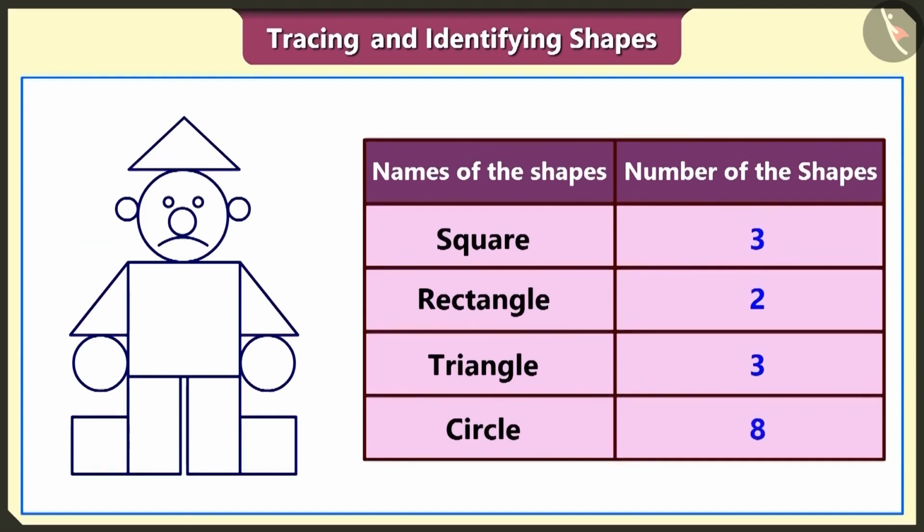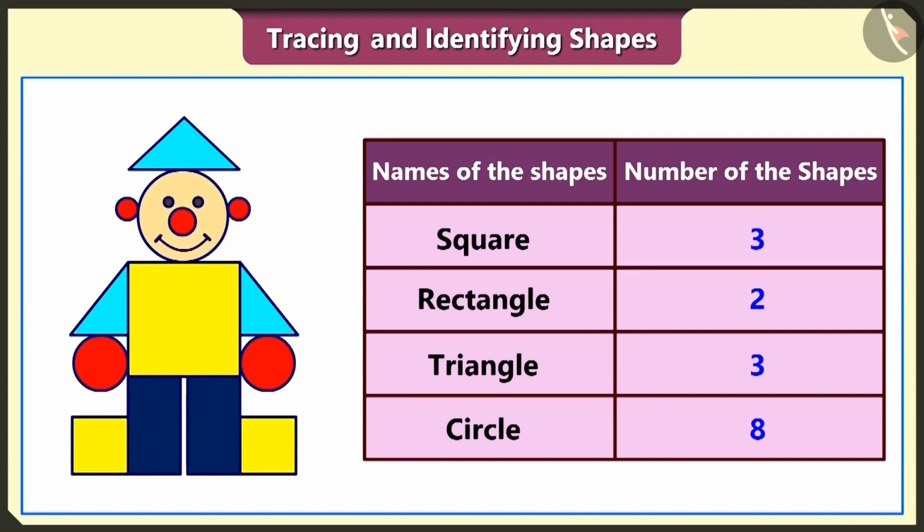We got to know that there are 3 squares, 2 rectangles, 3 triangles and 8 circles used in the making of this doll. But why he is not smiling? Let's fill it with colors. Look, Thumbkin, it is smiling after we filled it with colors.